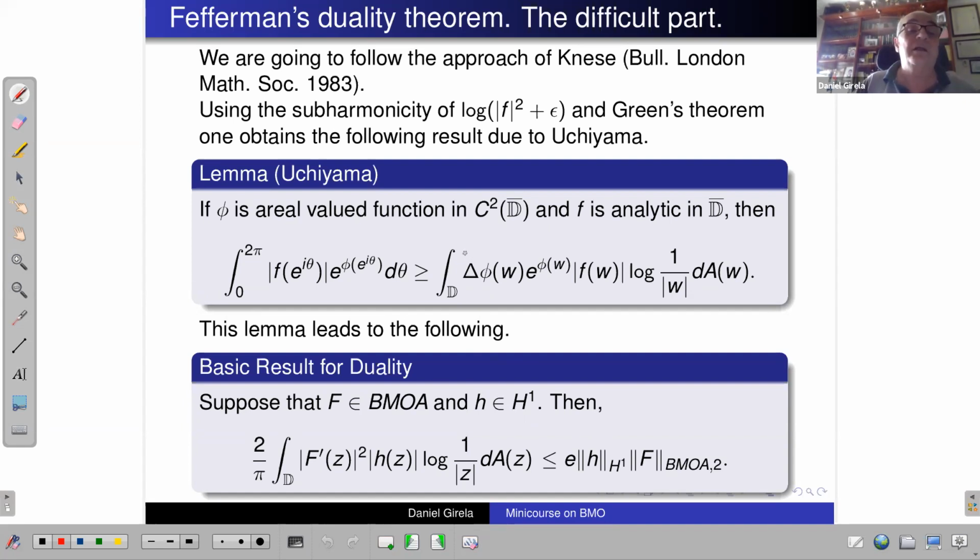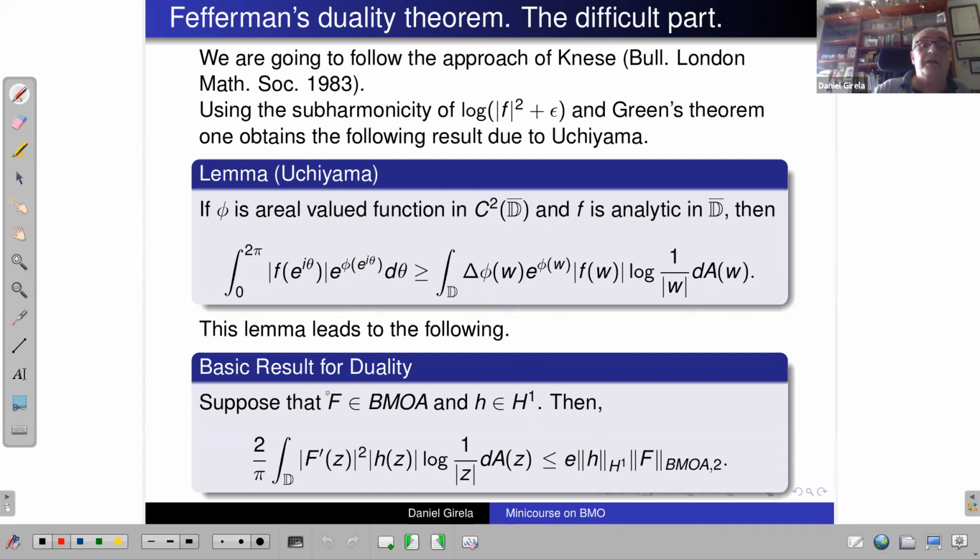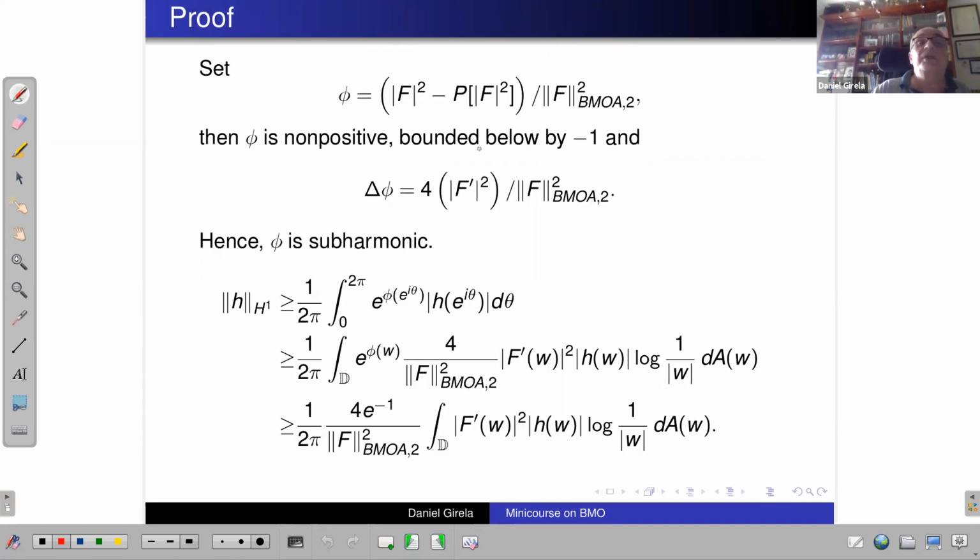And it's easy to obtain the basic duality result, because what we do is take this function f in BMO and this function h in H1, and then we construct this new function. We have the mod of f squared, and here we take the Poisson integral of the function whose boundary values is mod of f squared, and then we divide by the BMO norm.